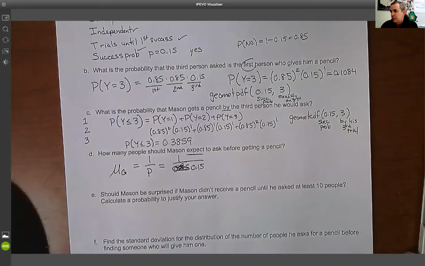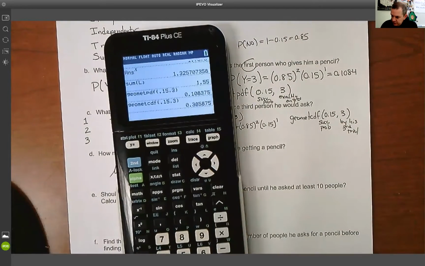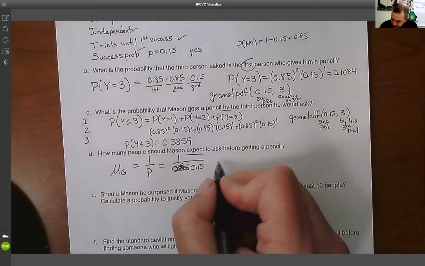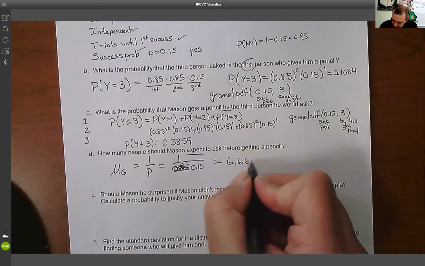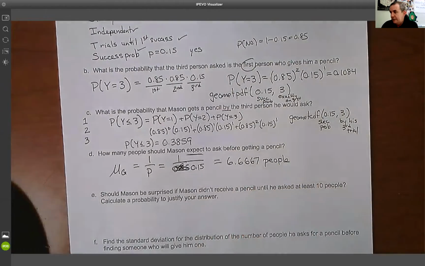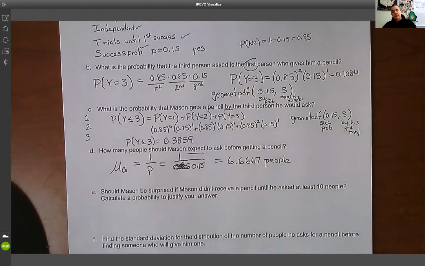So we're going to do 1 divided by 0.15, which is 6.6667 people. So on average, you would expect him to have to speak to about 6.6 people. Remember, it can't actually do that, but on average, 6.6 people before he gets his first pencil.